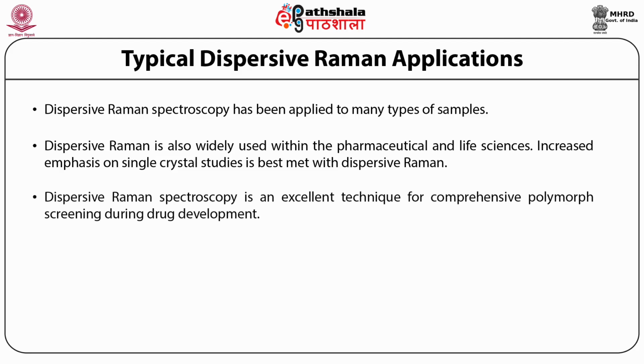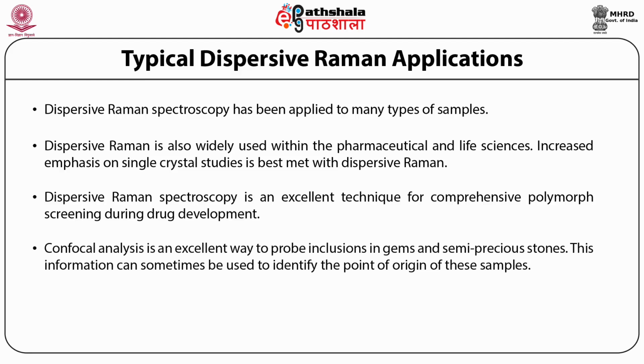Dispersive Raman spectroscopy is an excellent technique for comprehensive polymorph screening during drug development, inorganic analysis, and sample identification in geology and gemology. Dispersive Raman is more commonly used because this method avoids the metal oxide fluorescence that may occur with FT Raman spectroscopy.